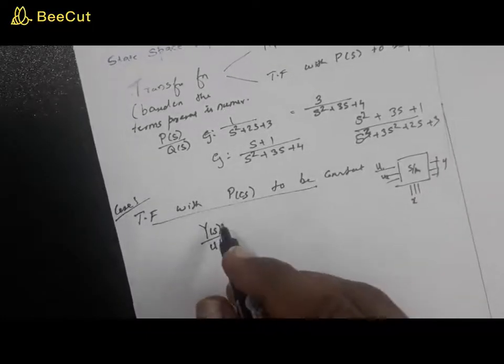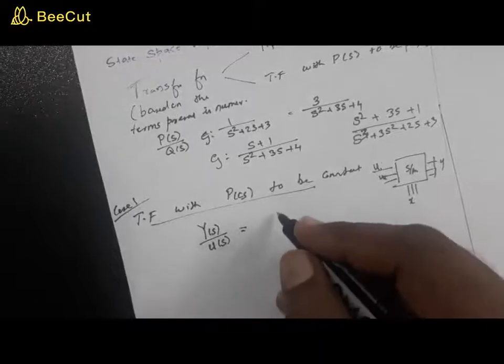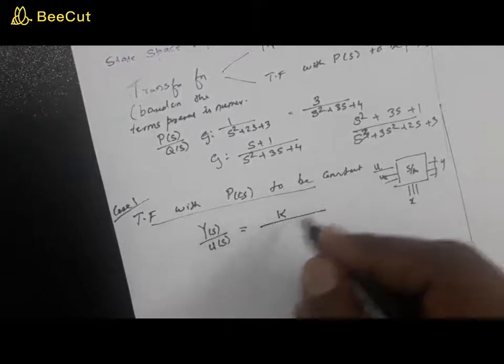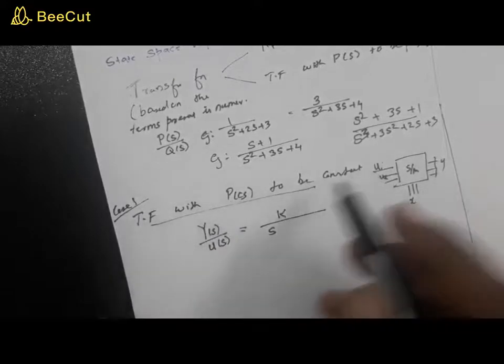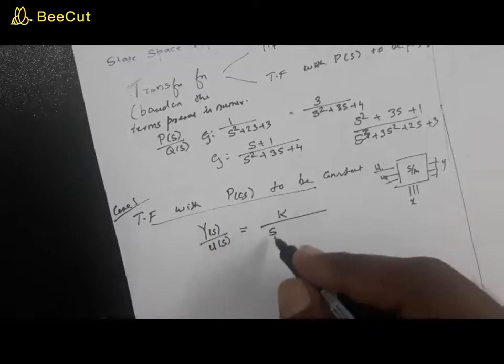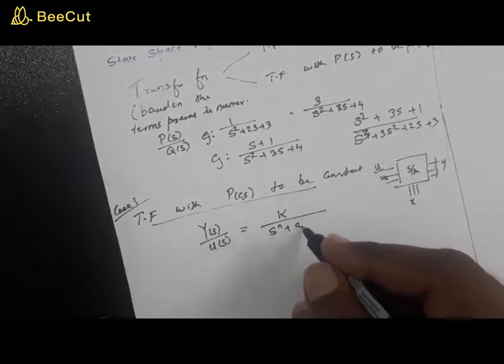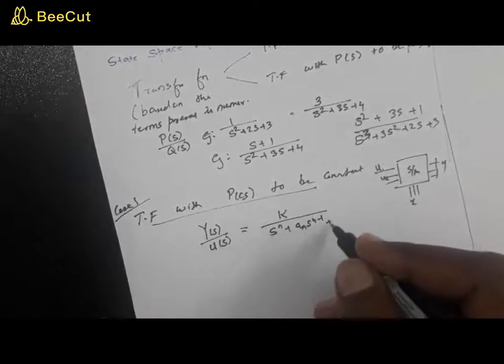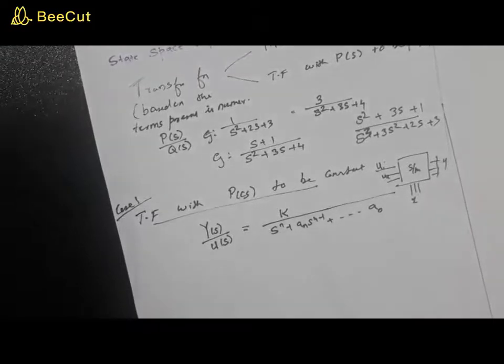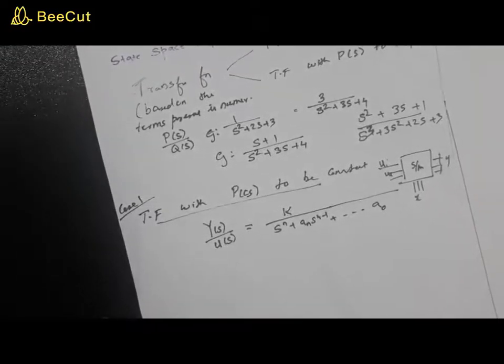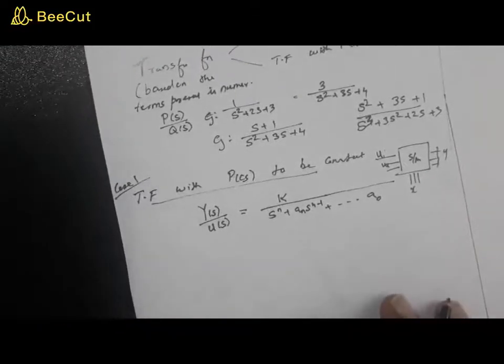So y of s over u of s is some k divided by s raised to n plus an into s raised to n minus 1 plus up to a0. This is the general expression, where p of s is a constant.